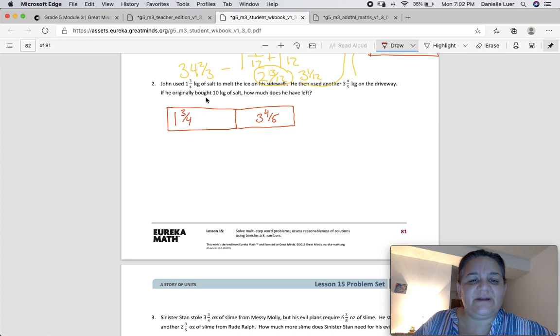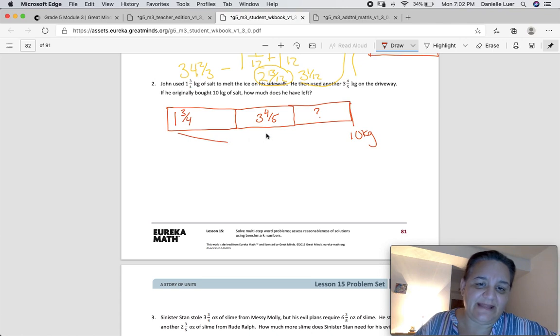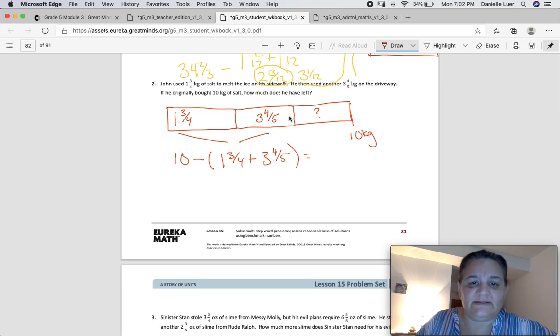And if he originally bought a 10-pound bag, so all the way over here was 10 pounds, 10 kilograms. We need to figure out what that is. So first of all, we're going to add that, and then we're going to subtract it from 10. So our problem is 10 minus 1 3/4 plus 3 4/5 equals how much is left, right? That have left, that's an indicator of subtraction, right?